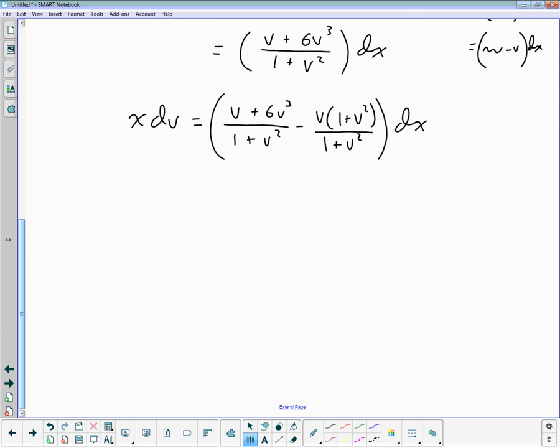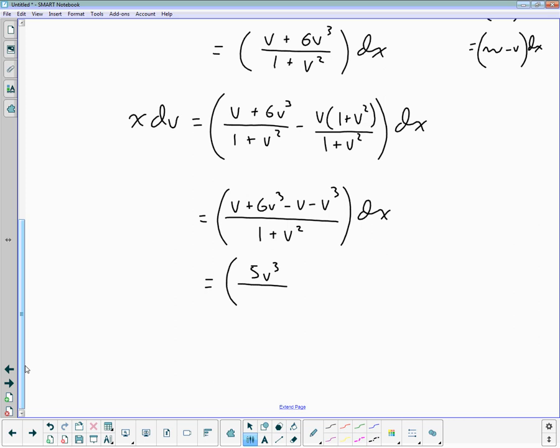And now you'll see that things clean up even nicer. Now rearranging to get all the v's on one side, all the x's on the other.